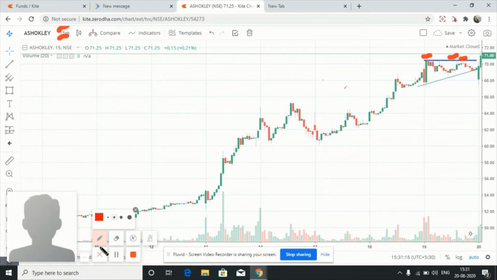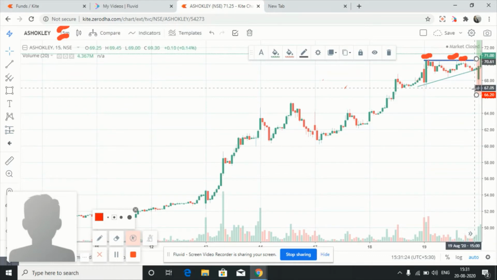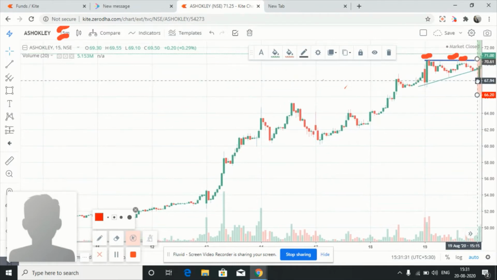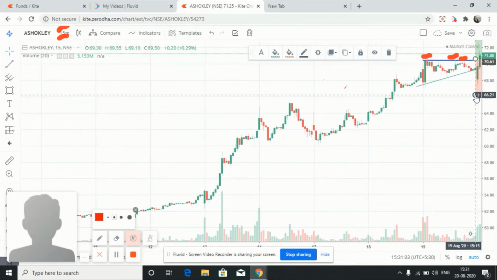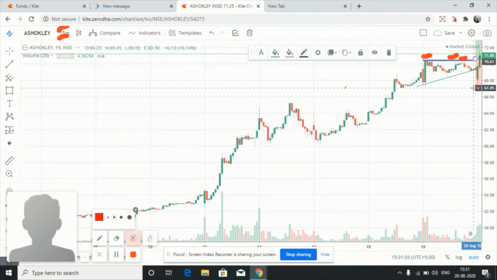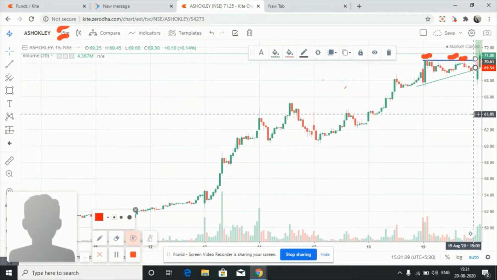So let's take a long position over here. At this breakout we have decided to take entry, on a longer time frame. Where will our stop loss be? Our stop loss will be at the bottom of the wick, and we will be keeping a 1:1 ratio.